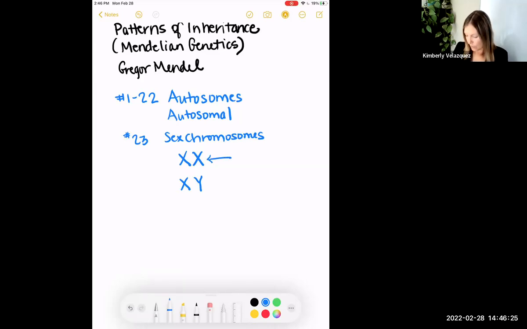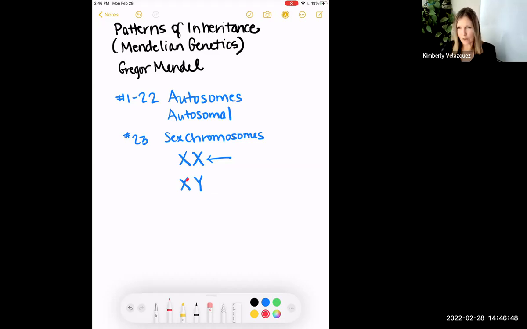Also, if you have only 1 X chromosome and you have a bad gene on that chromosome, you don't have another copy of that gene to make that protein correctly. And that's going to be a big deal when we talk about traits that are inherited on the X chromosome.